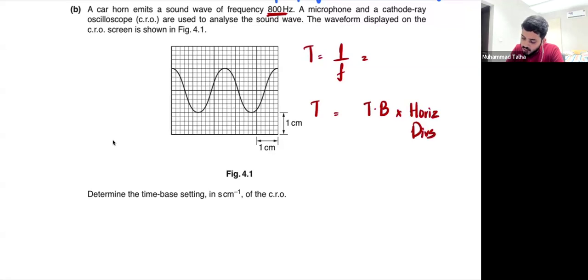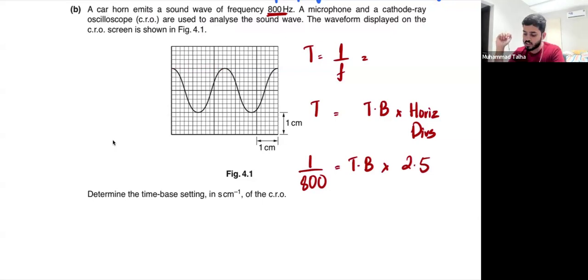So 1 over 800 equals the time base, which I want to find, times the horizontal divisions. So how many centimeters is this? One full wave is this, right? I can see this is 1, 2, and 2.5. So horizontal divisions in this case would be 2.5.